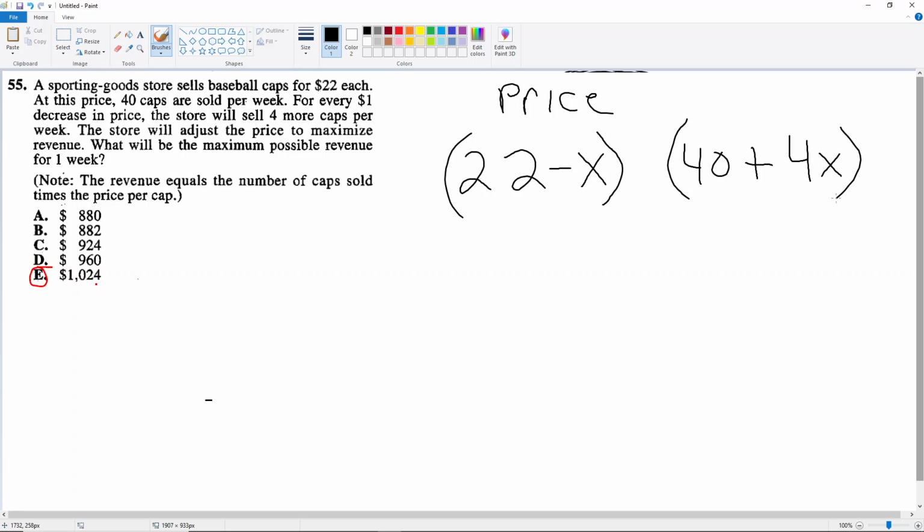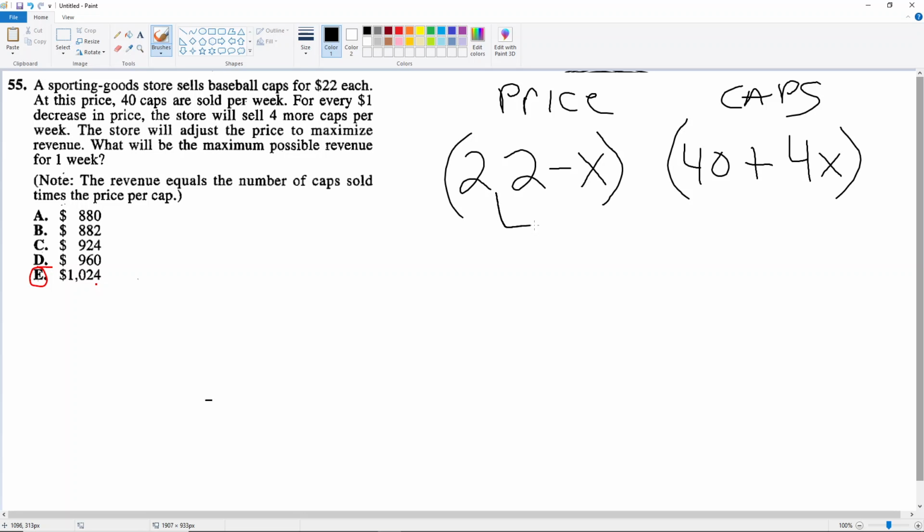If I take off $1, I'm going to add 4 caps, 4 times 1. If I take off $2, x equals 2, then 8 more caps will be sold. 4 times 2 is 8. So this is price times number of caps. And the question tells us that the revenue equals number of caps sold times the price per cap. All right, well, let me multiply these and see what it comes out to.